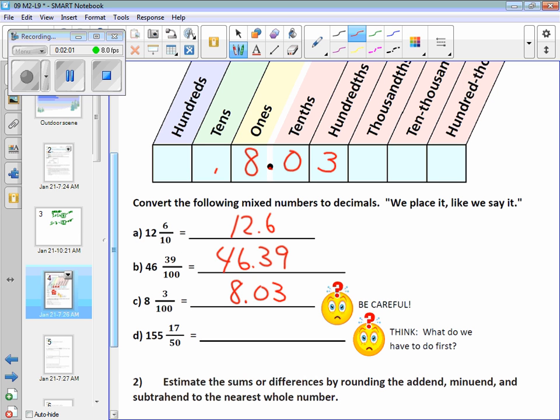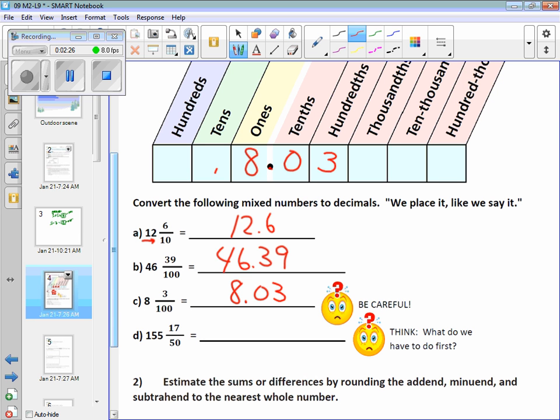Now this little say it, place it like we say it system will work as long as our denominator is a base of 10, which means 10, 100, 1,000, 10,000.